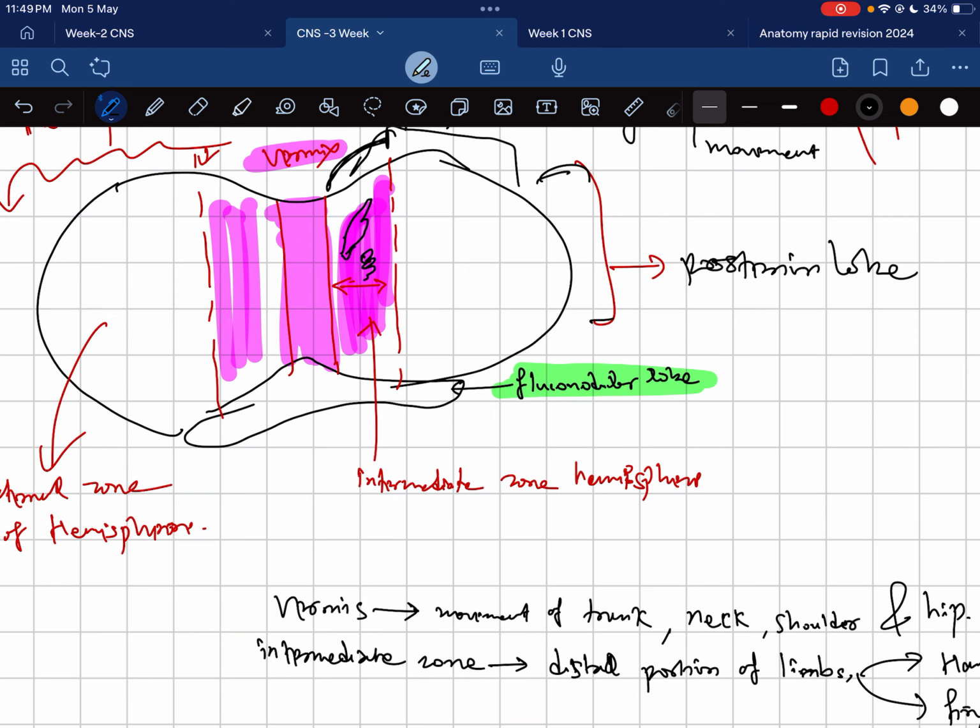So you can draw finger movement in the intermediate zone, hand and fingers. This is like a fist. Also in this vermis there is the trunk, so you can draw it like a person.